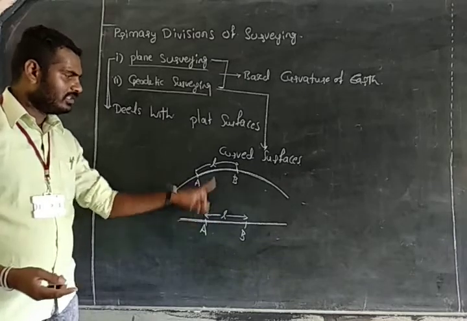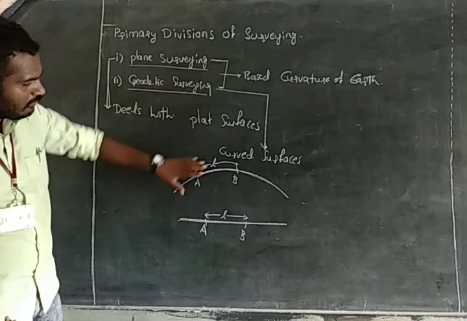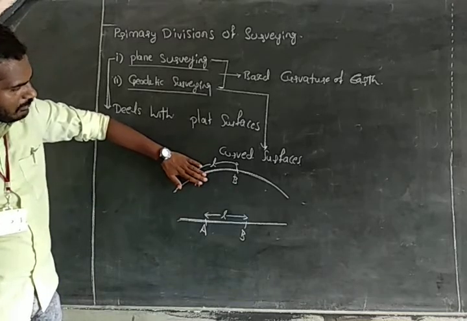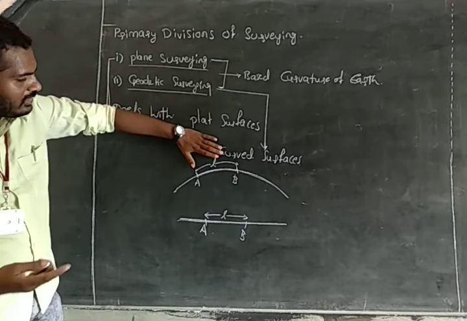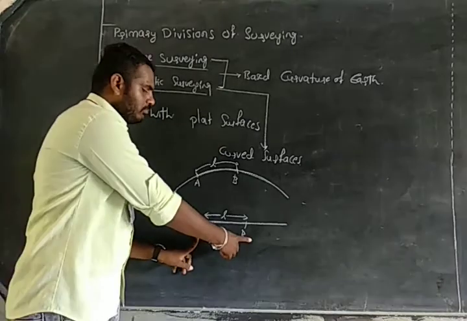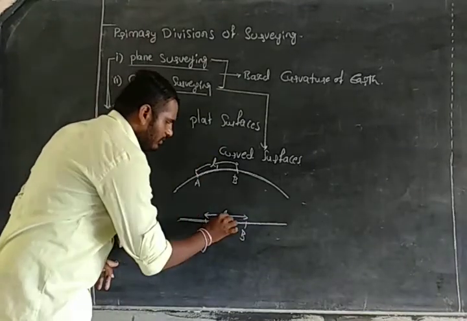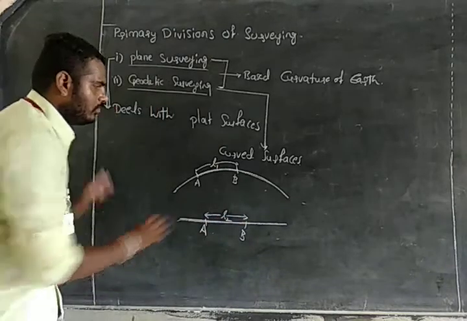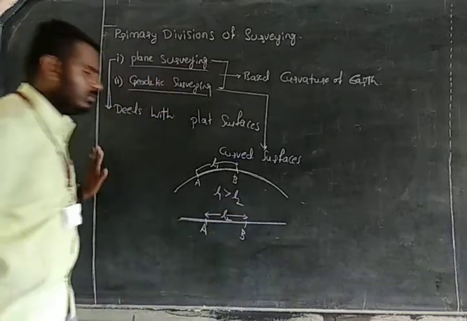This is the difference. Because of these two things, the length measured between the same points is different. Let us take this as L1 and this as L2. Therefore L1 is always greater than L2.